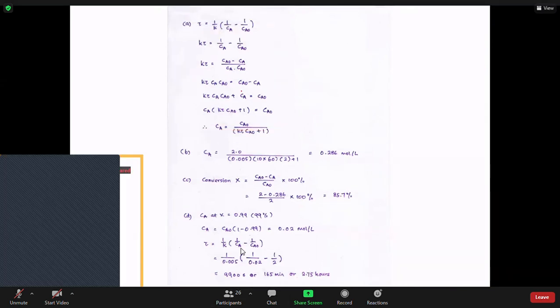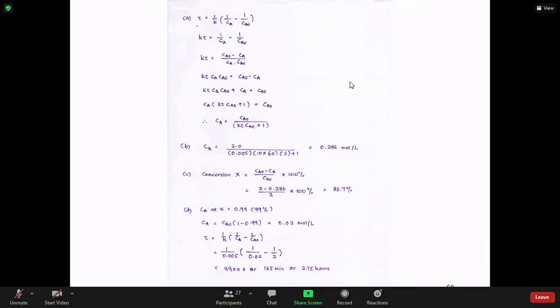So here is the solution. Here is the equation given again. So you just rearrange this to solve for CA. It's just all mathematical equations.